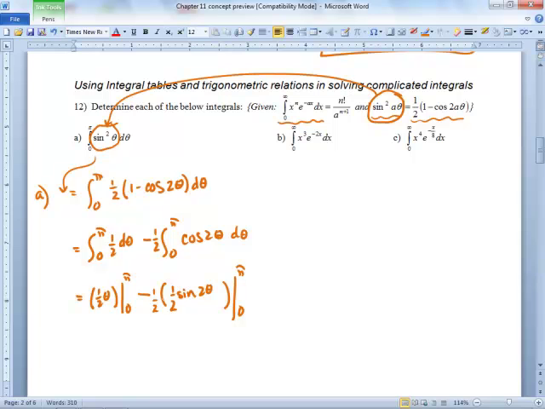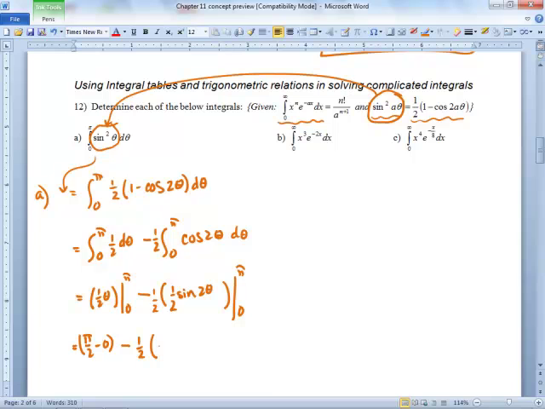Now we have to put in our stuff. We evaluate 1/2 theta from 0 to pi. That's going to be pi over 2 minus 0. Minus 1/2 times, okay, the sine of 2 pi is 0 on that unit circle.